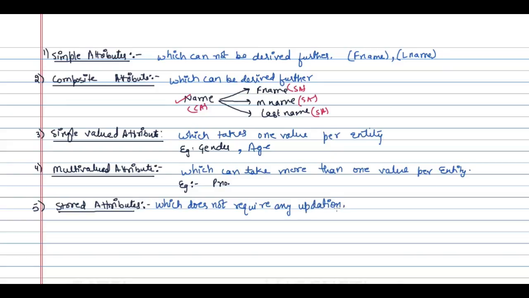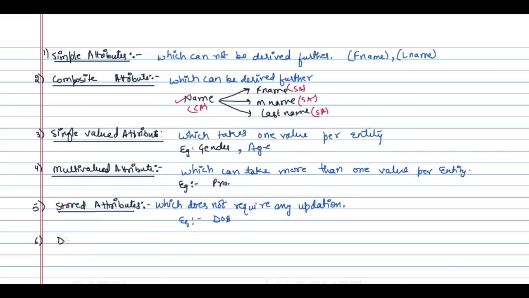They are called stored attributes. For example, we have date of birth. Date of birth is a stored attribute. It does not require any kind of updation.